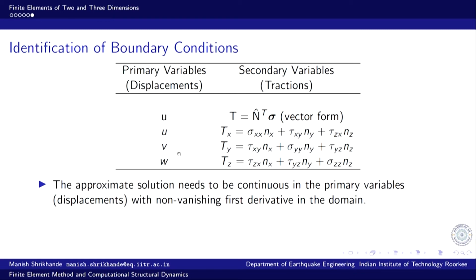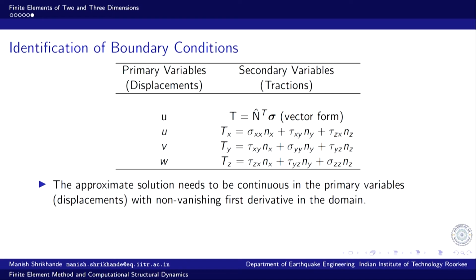So, we have v and t y, w and t z as corresponding pairs of primary variables and secondary variables, and as we discussed earlier, they will always come together in the boundary term. It is always a work-like quantity, the work done by the secondary variable tractions in moving through the primary variables.